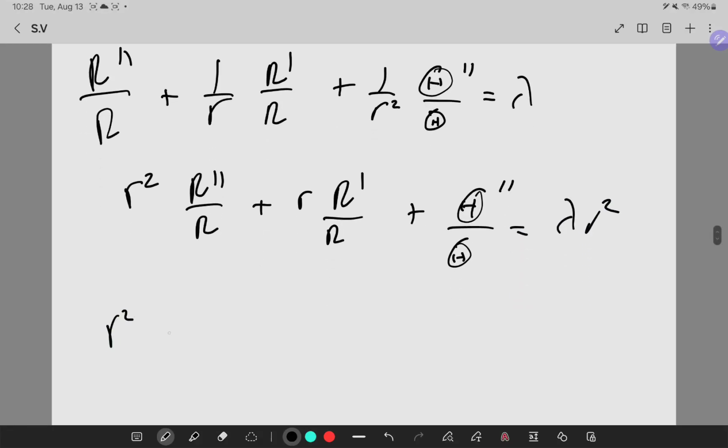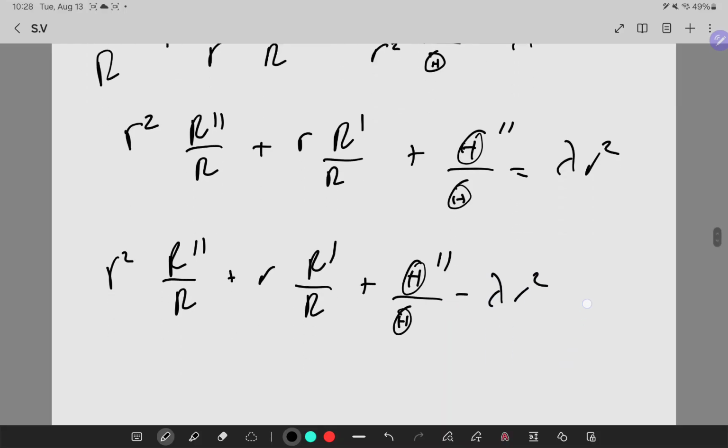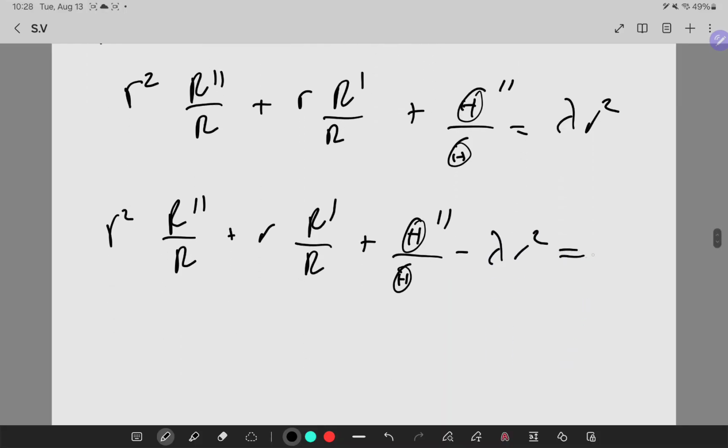Subtract the lambda r squared over, set that equal to 0.